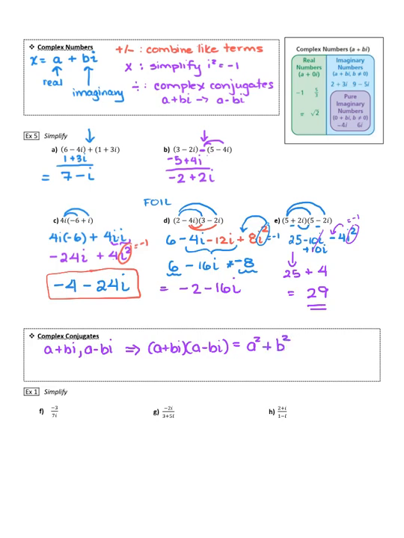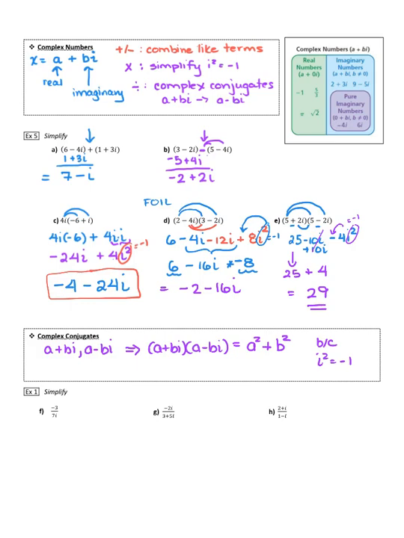Unlike when you did a difference of squares and you got a squared minus b squared, because i squared equals -1, it creates a squared plus b squared. So it's really powerful for simplifying your denominators, because just like radicals, you're not allowed i in the denominator. So let's see how we would deal with this.